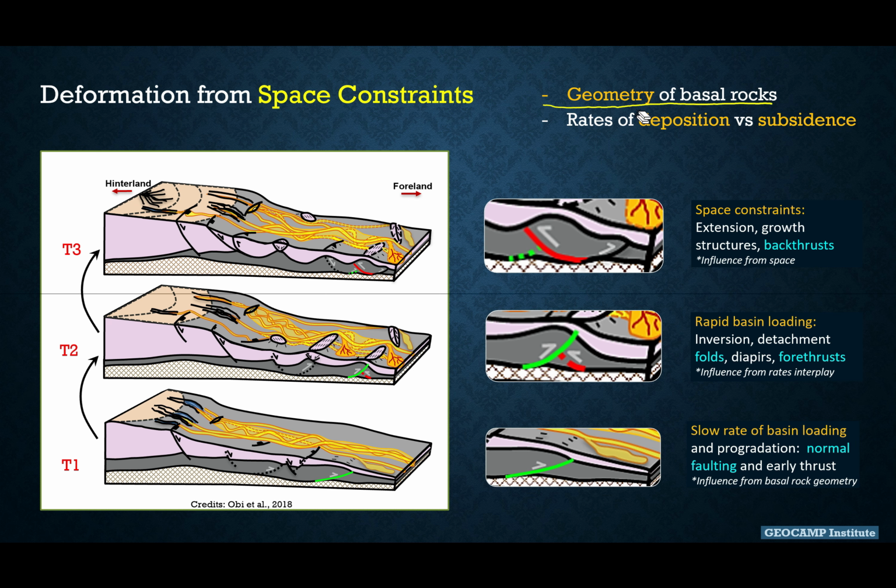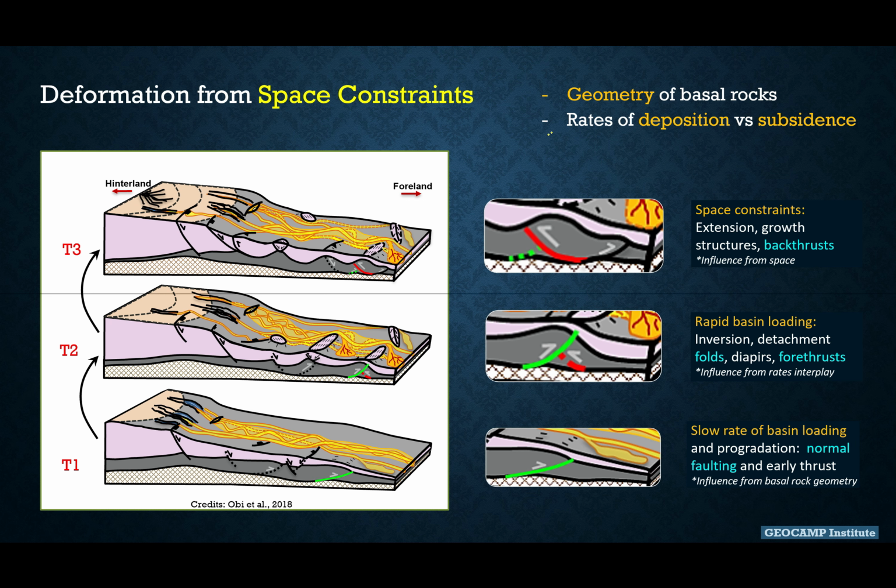So overall, one other final thing we need to note is the geometry of the basal rock is key. Some of the early bumps you see, for example, if I highlight this at time t1, are actually driven or sometimes triggered by a gentle elevation of the underlying basement rock. So in this area you have a bump, and that's triggered by the gentle increase in the elevation of the basement.